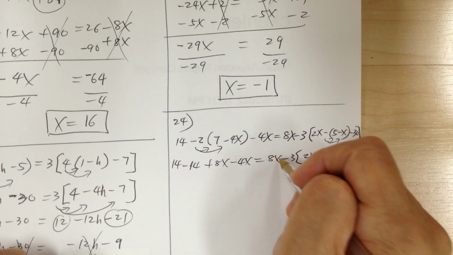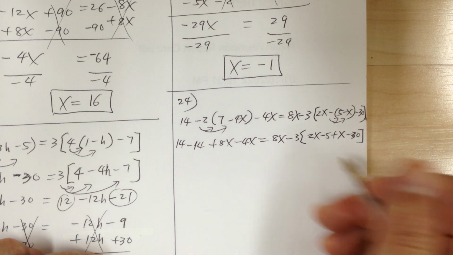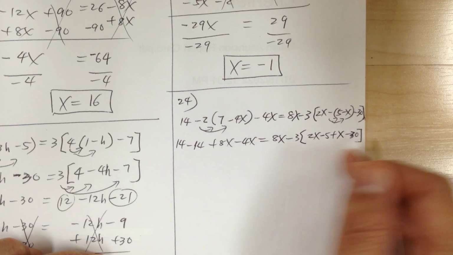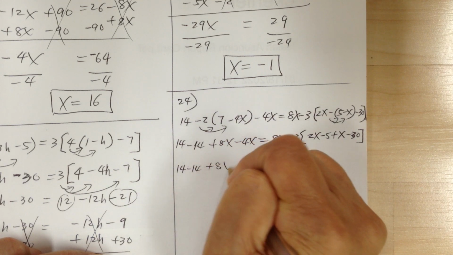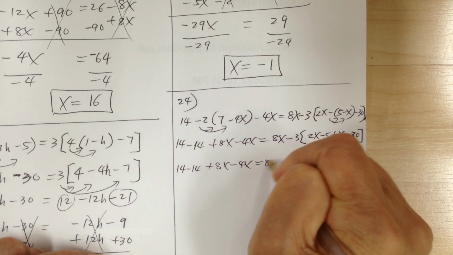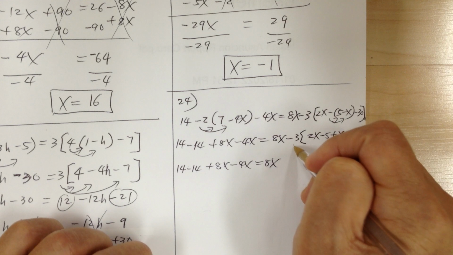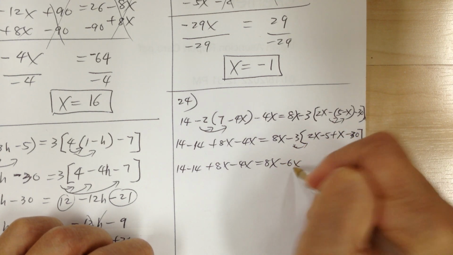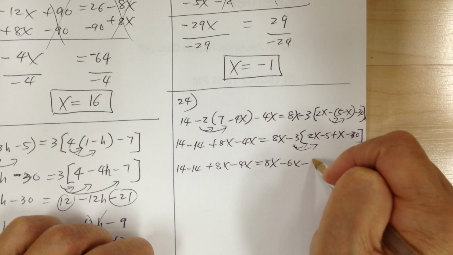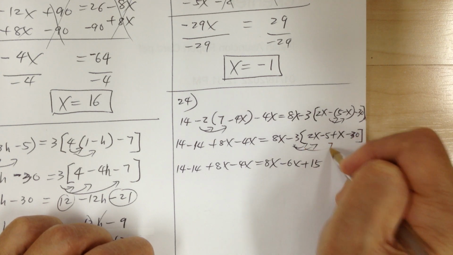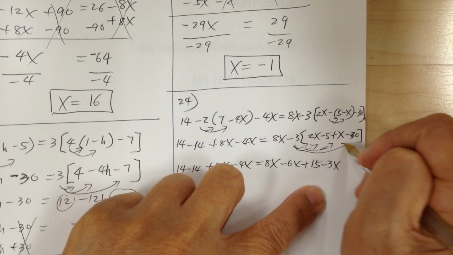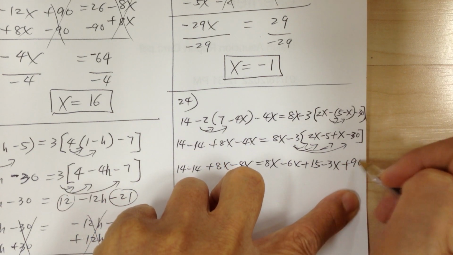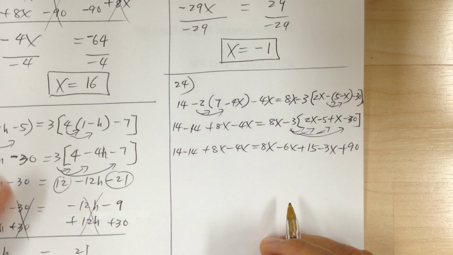Next, let's undo the bracket. Distribute would be minus 6x plus 15 minus 3x plus 90. Now let's combine the like terms.